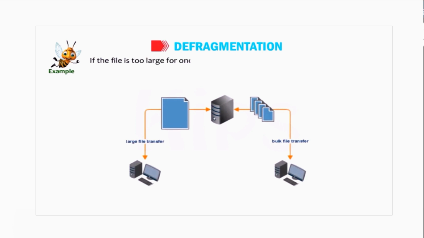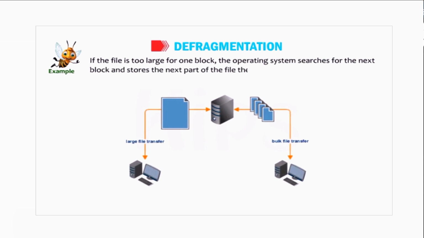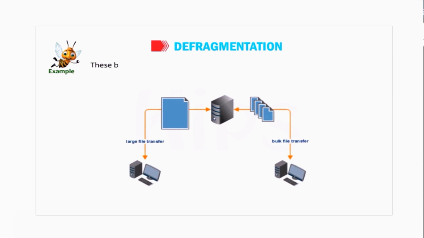If the file is too large for one block, the operating system searches for the next block and stores the next part of the file there. These blocks may not be in contiguous form or may be scattered over the disk. This process is known as fragmentation.